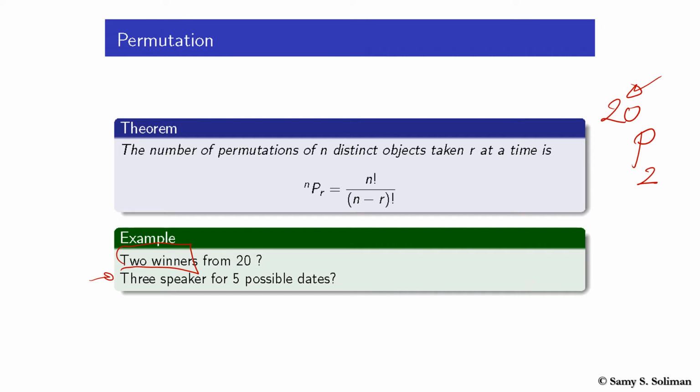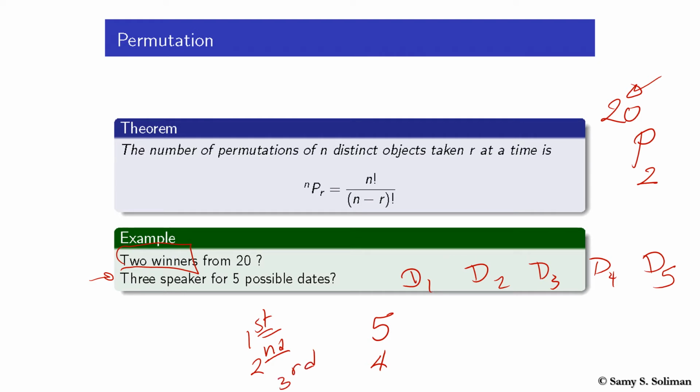Let's assume that we have date 1, date 2, date 3, date 4, and date 5. The first speaker has 5 dates to choose from, so we have 5 possibilities, and then the second speaker has 4 dates to choose from, and finally the third speaker has the remaining 3 dates to choose from.